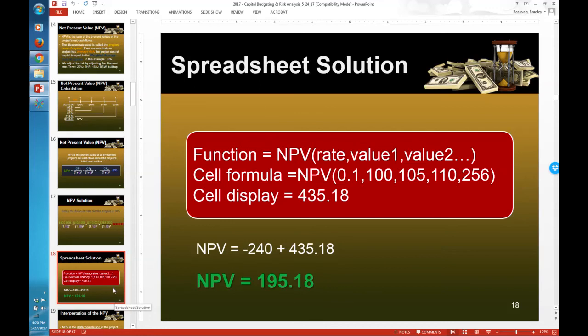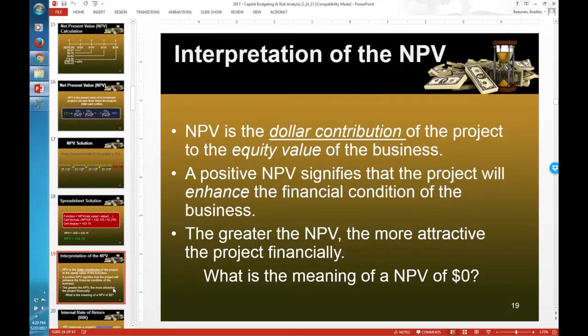Okay, so what this means, to reiterate the point we made early on in the time value of money section, is this is the dollar contribution of this particular project to the equity value of the business. Anything that's positive signifies the project will enhance it, and the higher the net present value is, the more attractive the project is financially.